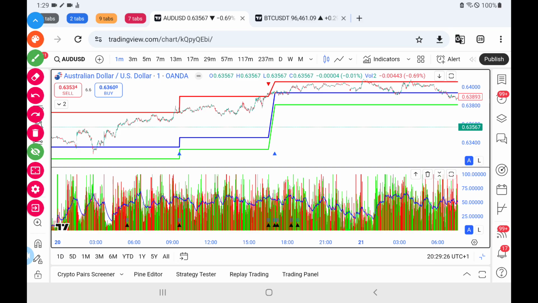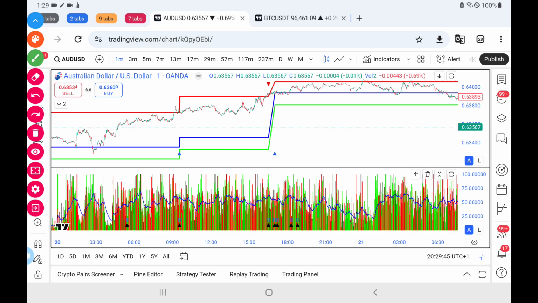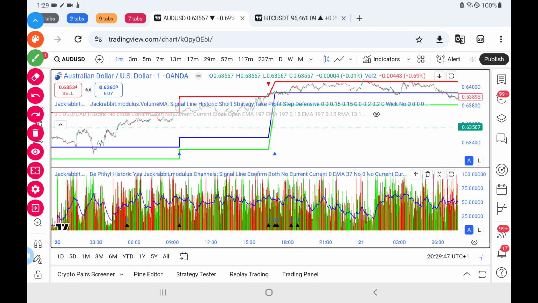In fact, I've talked about this strategy quite a bit, especially the volume portion of this strategy. But I've never gone into detail for the part that actually drives this strategy, and that is the channeled version, or channels version of this.